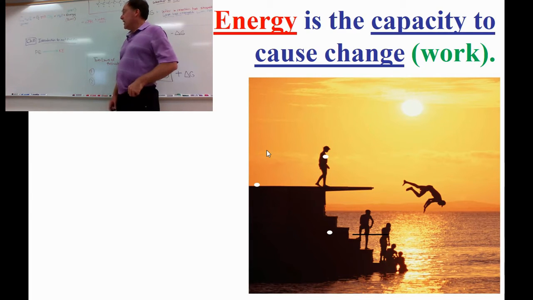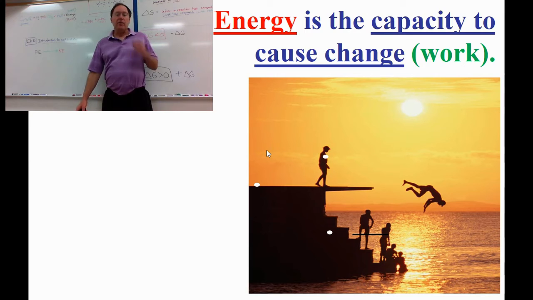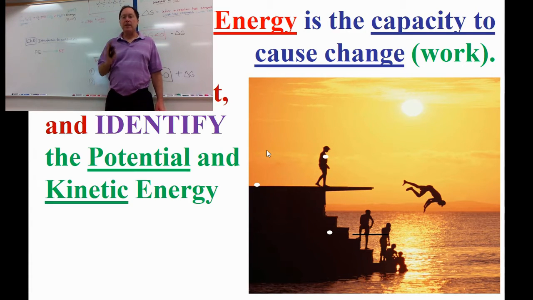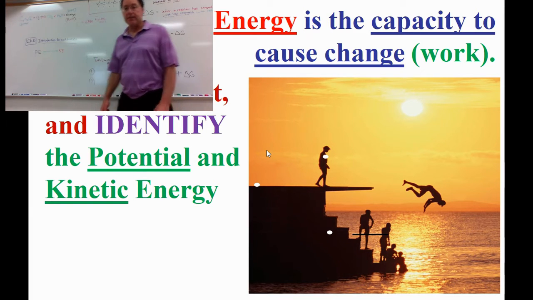Well, let's get to energy, finally down here. And there's really 2 types of energy that we need to talk about, potential and kinetic energy. So I'm going to press pause, you press pause, and identify the potential and kinetic energy in this picture, please.